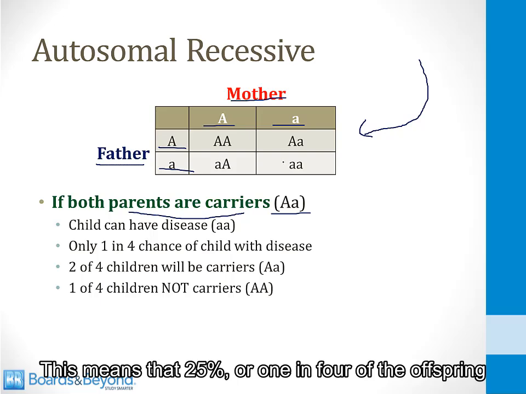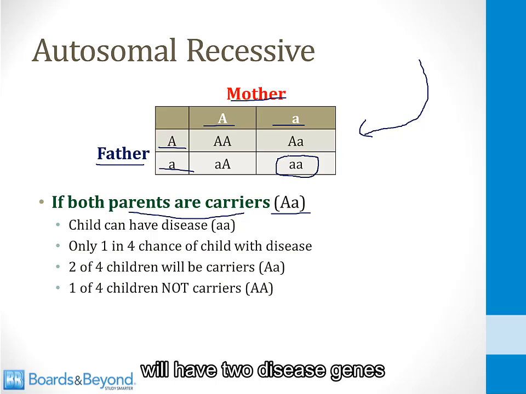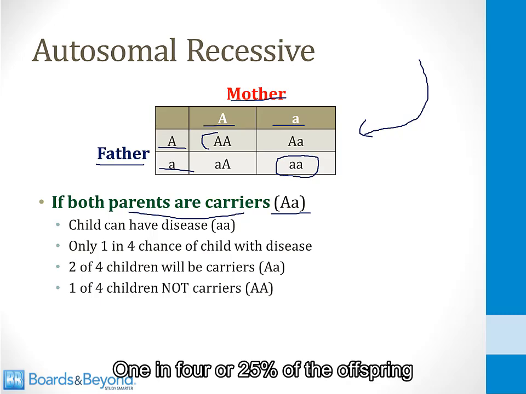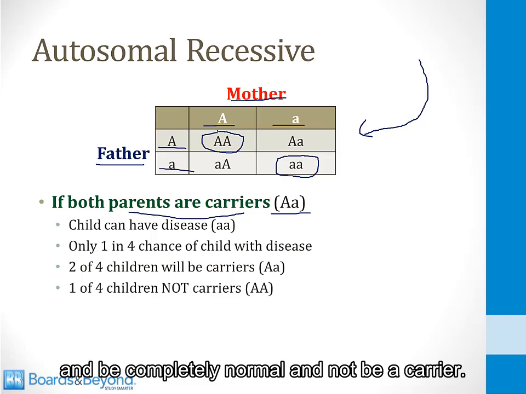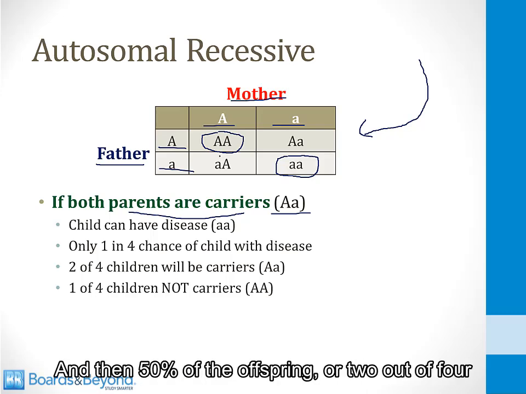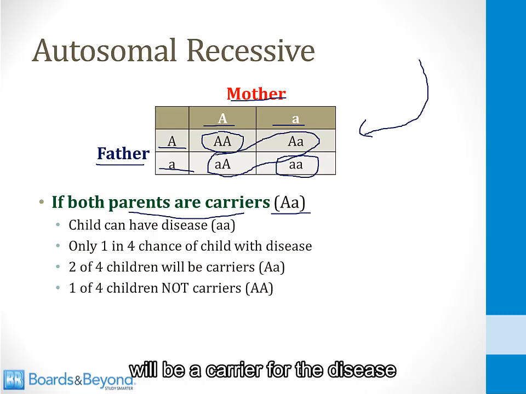This means that 25%, or 1 in 4, of the offspring will have two disease genes and will therefore develop disease. 1 in 4, or 25%, of the offspring will also inherit two healthy alleles and be completely normal and not be a carrier. And then 50% of the offspring, or 2 out of 4, will be a carrier for the disease and will have one healthy allele and one disease allele.